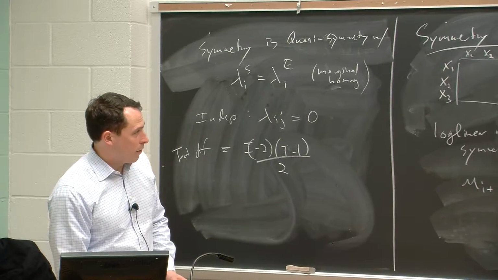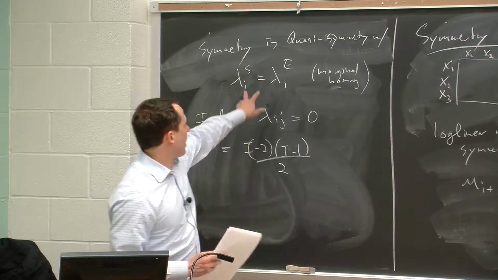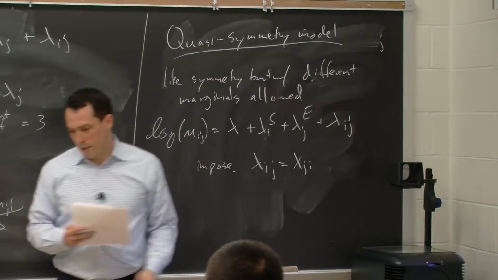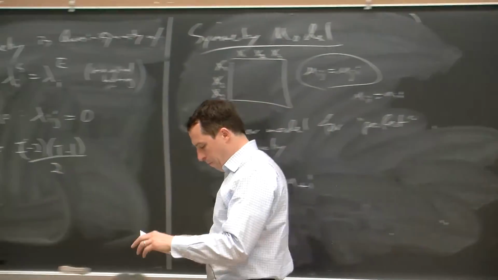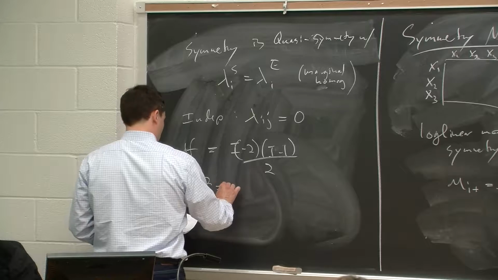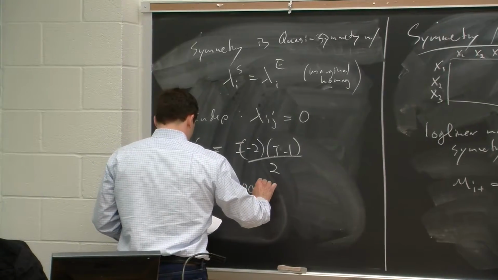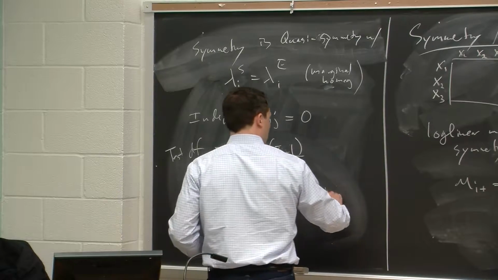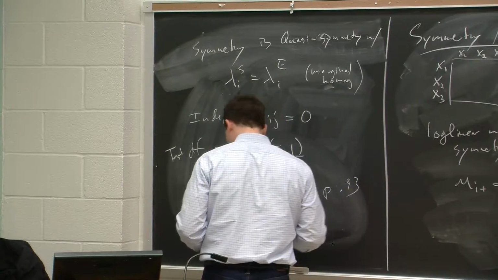And to fit it, we just take the symmetry model and add in these terms. So this was the symmetry model plus these two. And in our example, this one fits great too, on 1 degree of freedom and a p-value of 0.93.